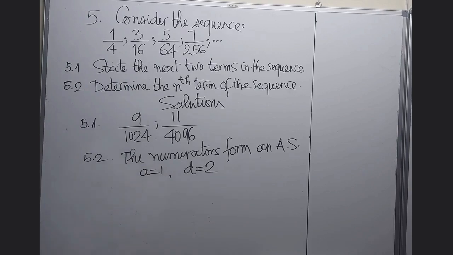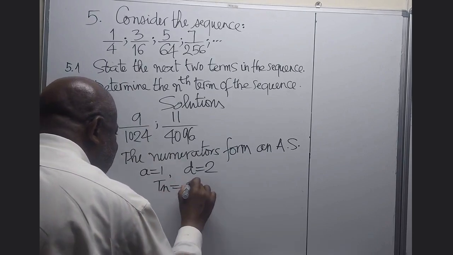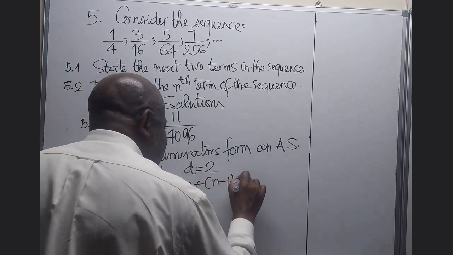If we want to get Tn for the numerators, Tn is equal to a plus n minus 1 times d.